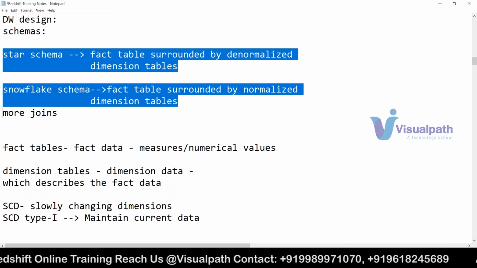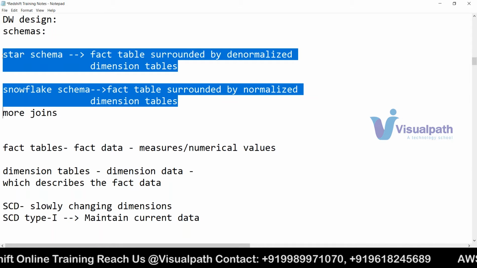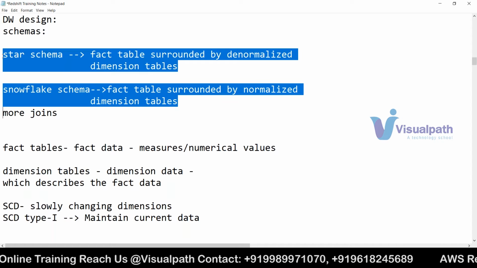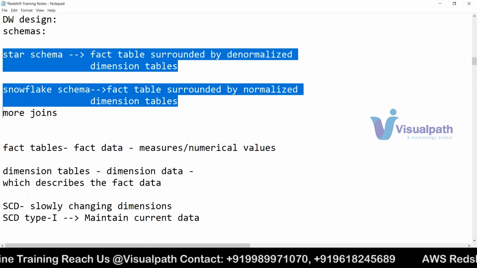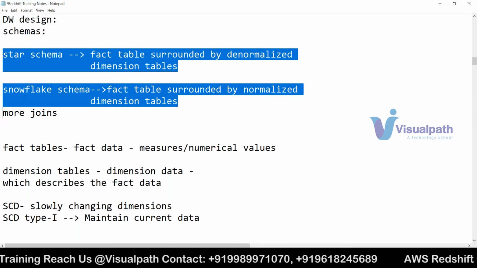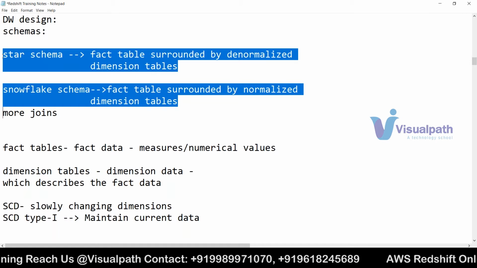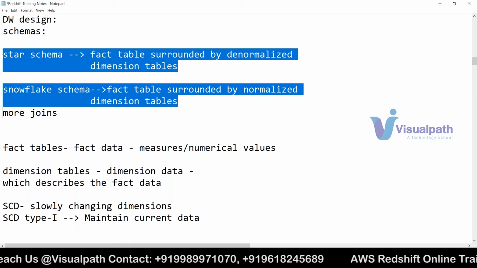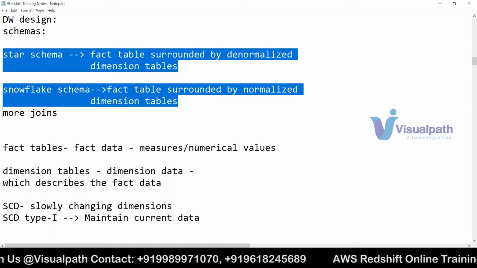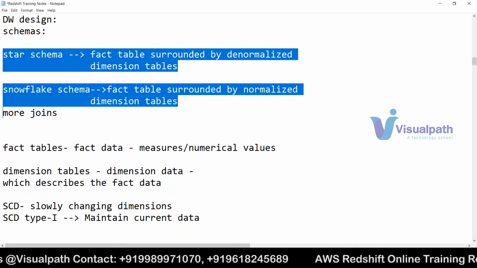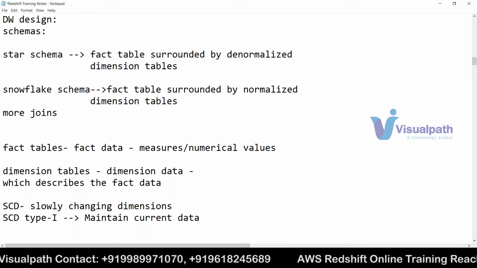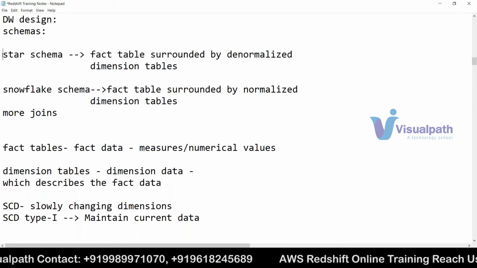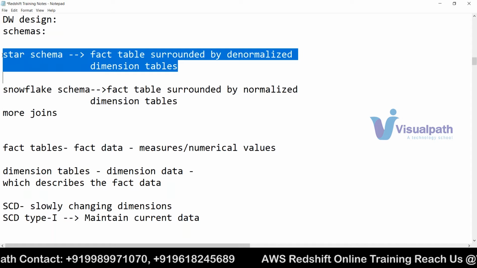What type of design they are using is called schema or schema design. Not only most, but all of these customers will be using either star schema or snowflake schema. So what does star schema mean? A fact table surrounded by denormalized dimension tables is called star schema.